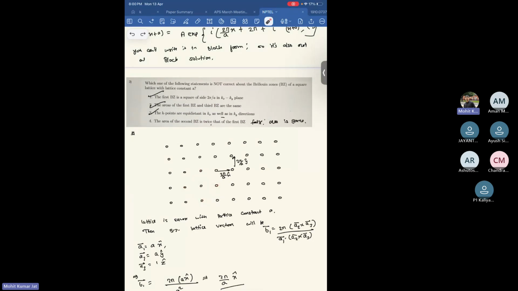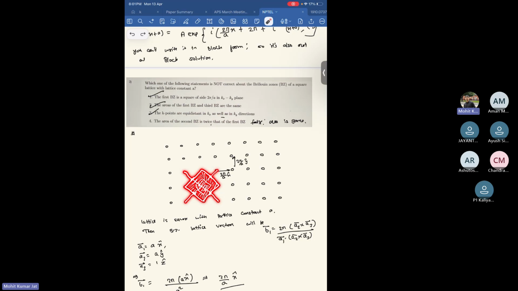If you want to extract the second Brillouin zone, you join the second nearest neighbors like this, this, and this. You bisect each of them, this half, this half, this half, this half, and then connect it. So it will go and connect like this, right? So the first Brillouin zone was like this, and the in-between area will be equal to the area which is inside.